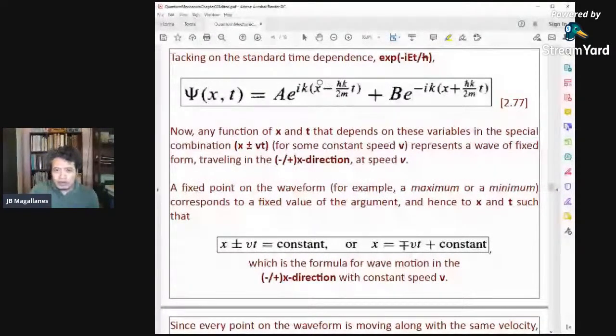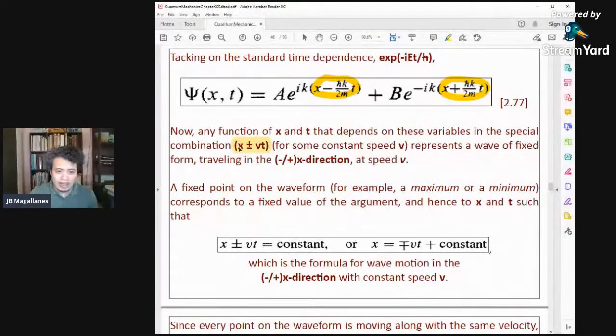So if you look at this term, as you have studied in your wave course, if you have a function of this form, x plus or minus velocity times time, this is a function of a wave.